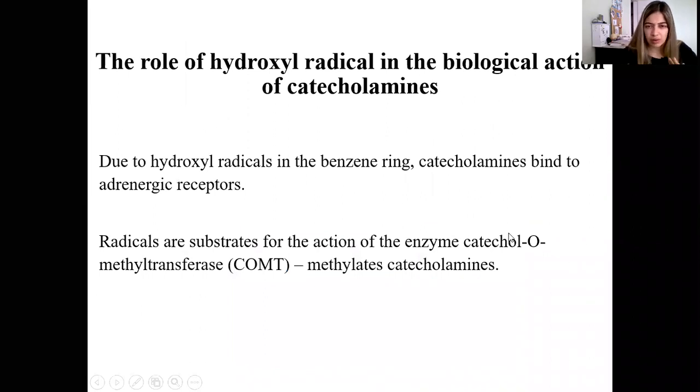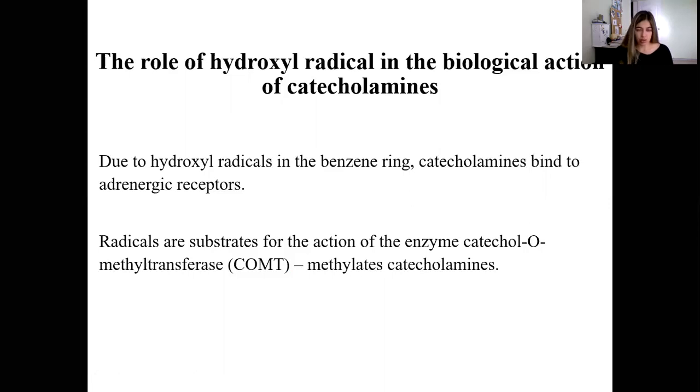Due to hydroxyl radicals in this benzene ring, catecholamines actually bind to adrenergic receptors. So without them, with a ring only, your drug will have no possibility to bind to the adrenergic receptor. And these radicals are substrates for the action of the enzyme catechol-O-methyltransferase, which will methylate the catecholamines.